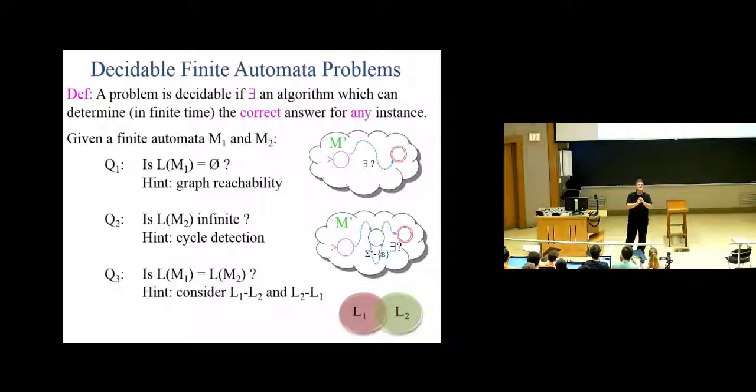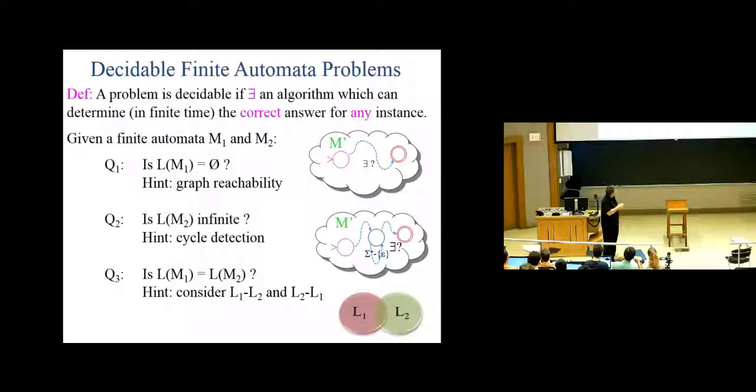The two sets are the same if their difference one way and the difference the other way. Two sets L1 and L2 are the same if L1 minus L2 and if L2 minus L1 are both what? Empty. How many get that? The two differences must be empty. If the two differences are empty, they're one and the same set.